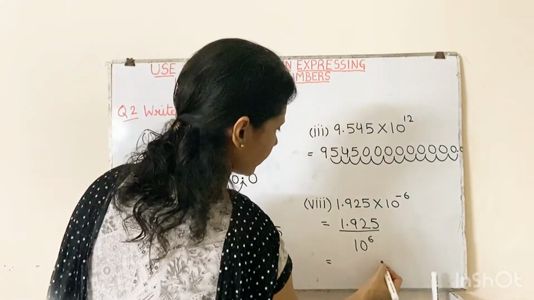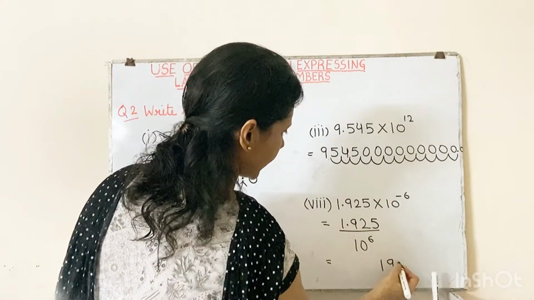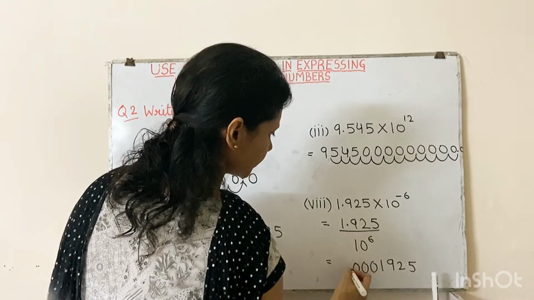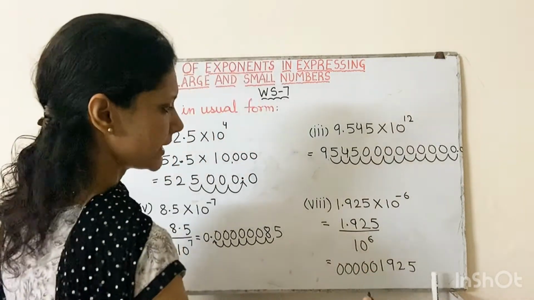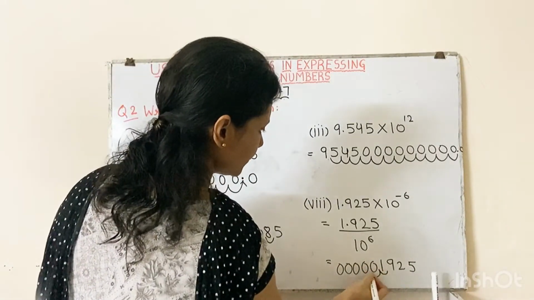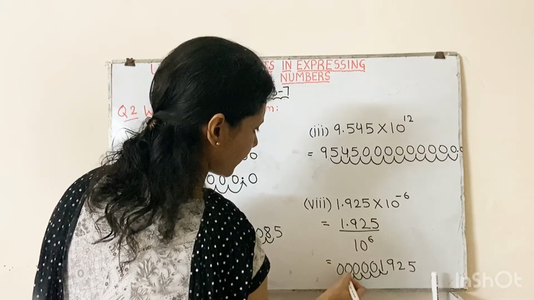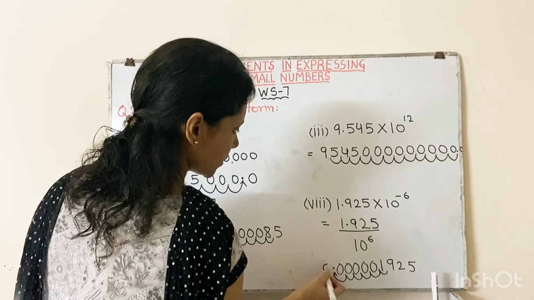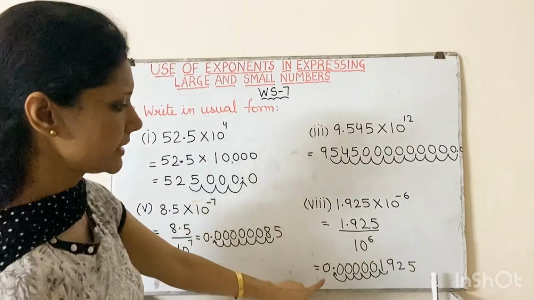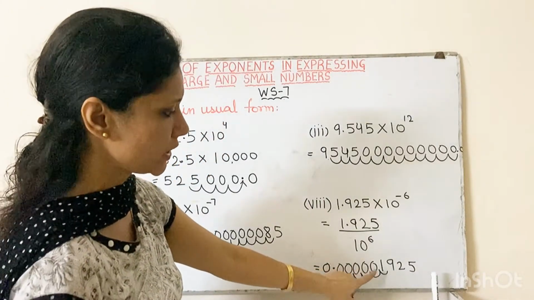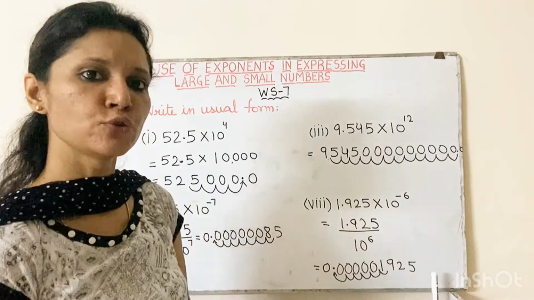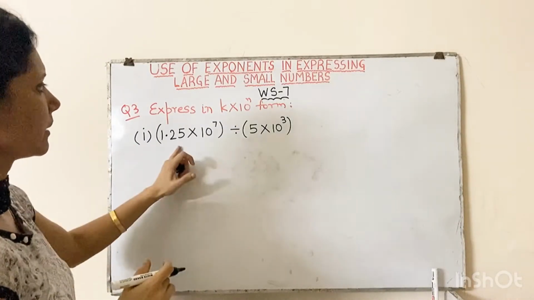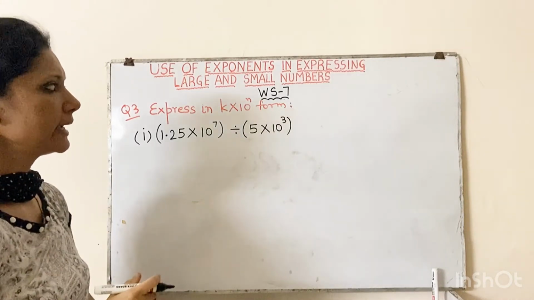So again I'll write the number 1925 and put some zeros here and start jumping from here. 1 jump, 2, 3, 4, 5 and 6. So my decimal would reach here and my answer is 0.00001925.